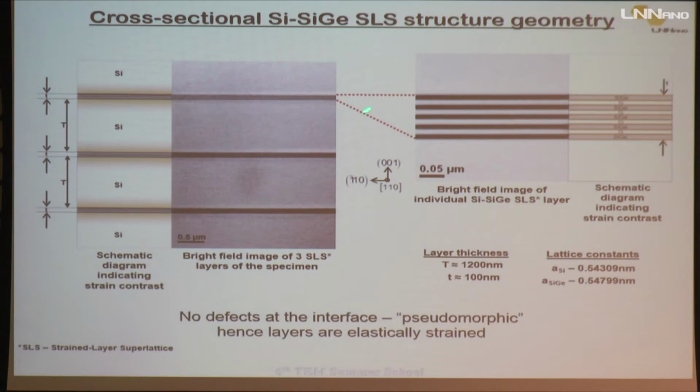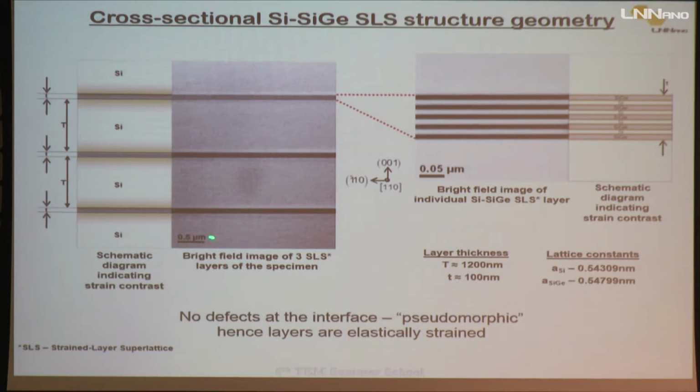These bands are made up of silicon and silicon germanium, and here we can see the zoomed version. The size of these bands is about 10 nanometers, and the distance between two superlattice structures is about 1000 nanometers. We can consider this particular region as a substrate for the silicon germanium layer.